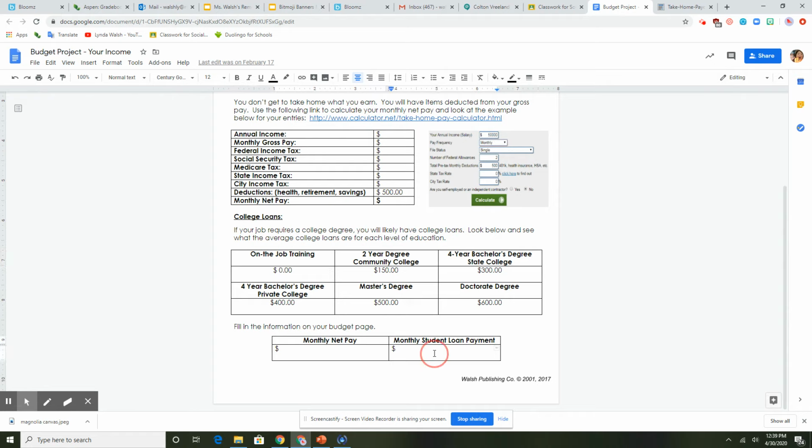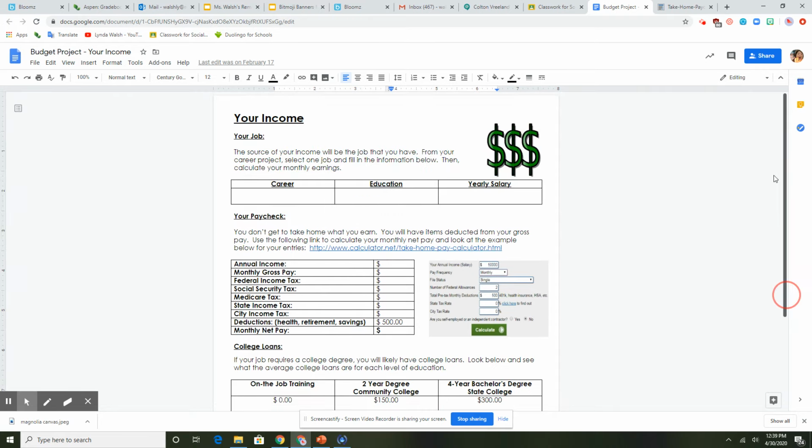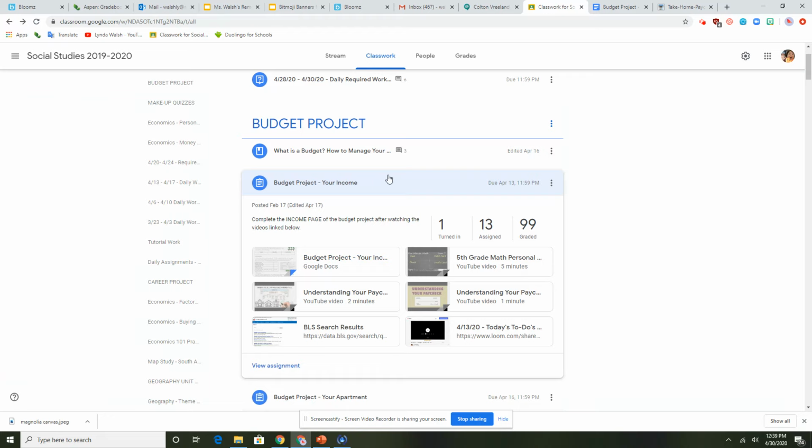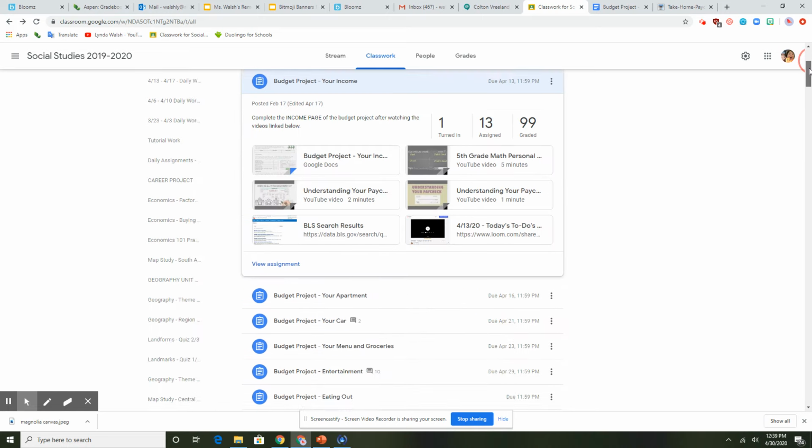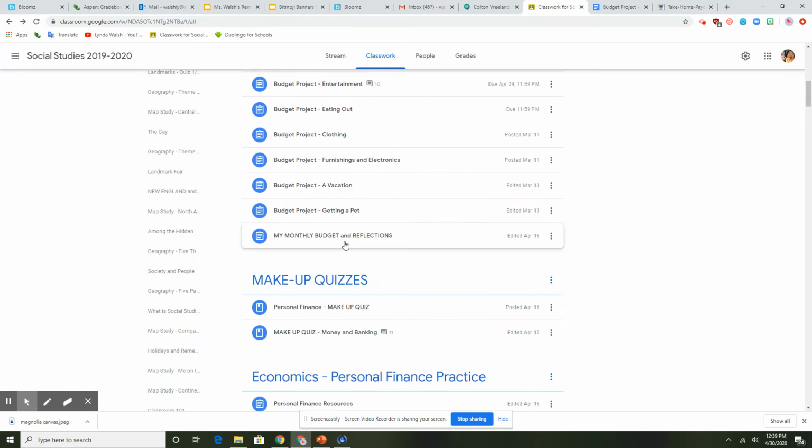Put that here. Now, once you have that here, we will talk in a different video about where you need to move that, because you are going to move that to your final budget page. And if you're going to Google Classroom to see where your final budget page is, all the way down at the bottom, monthly budgets and reflections right here.